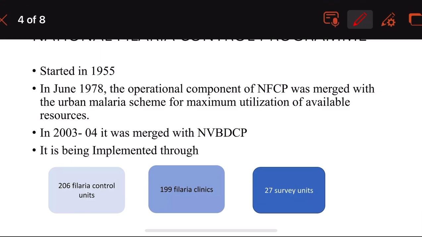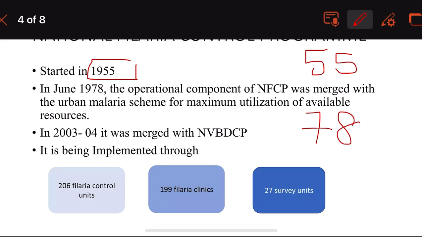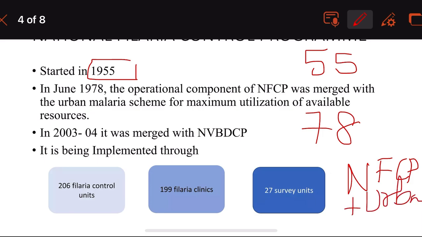Very simple: it was started in 1955, and in 1978 they merged this program with the urban malaria scheme. What was the reason for this merging? It is for the maximum utilization of the available resources.